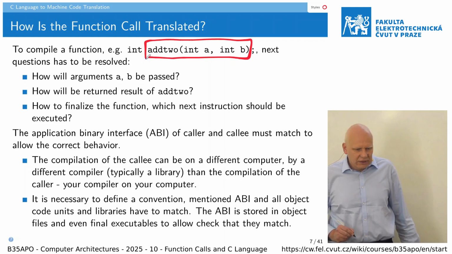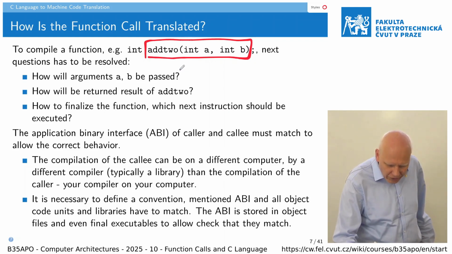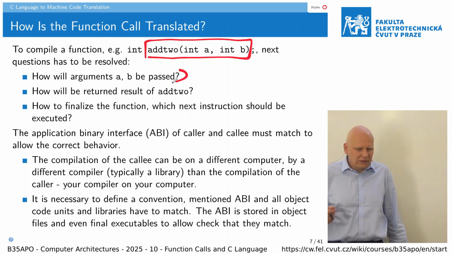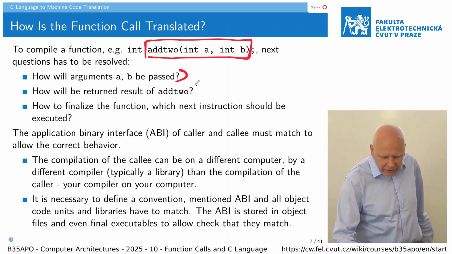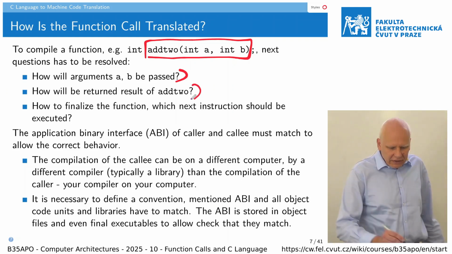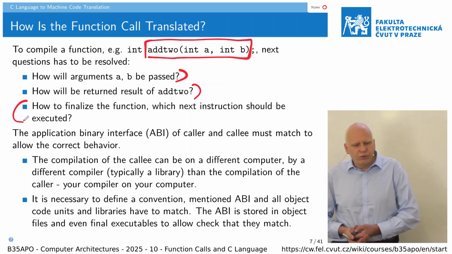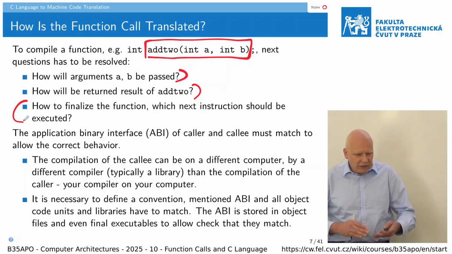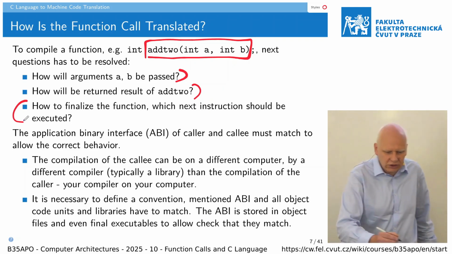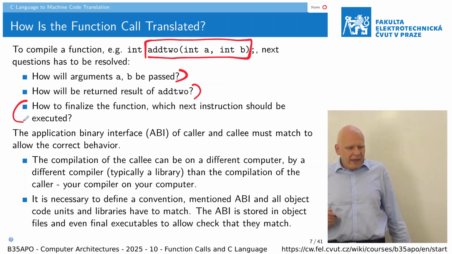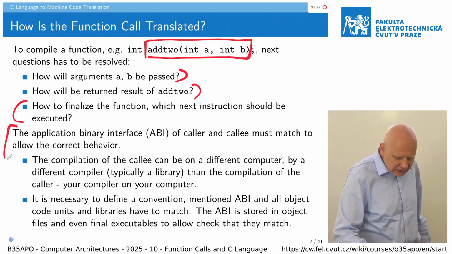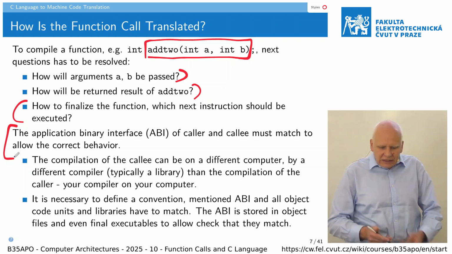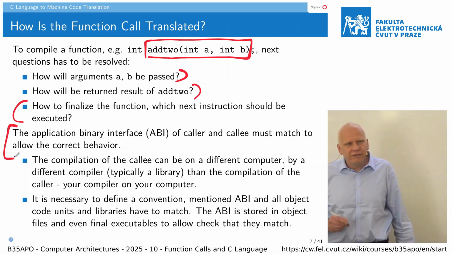And we need to decide how we will pass the arguments to the function, how it will return the result, and how to ensure that if you call the function, we can continue in the caller, the function which calls this function, on the next instruction. And all this is defined by the application binary interface, ABI, which is specific for a given architecture.